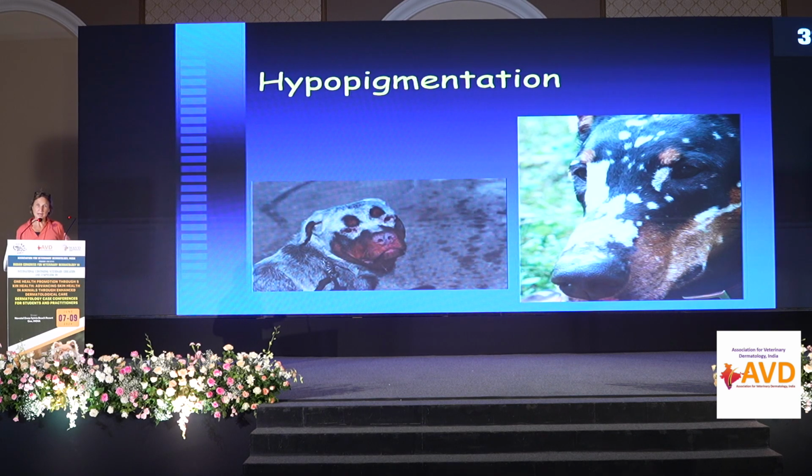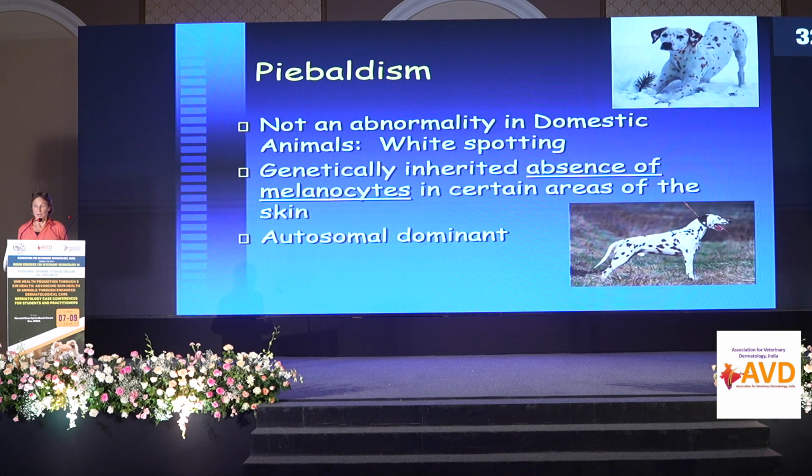Now, on the other side is loss of pigment, hypopigmentation, and I'm going to cover both leukotrichia, which is when the hair gets white, as well as leukoderma, when the skin gets white. These two dogs are examples of vitiligo, okay? But I'm going to talk about things also besides vitiligo. All right, so let's start with the normal stuff.